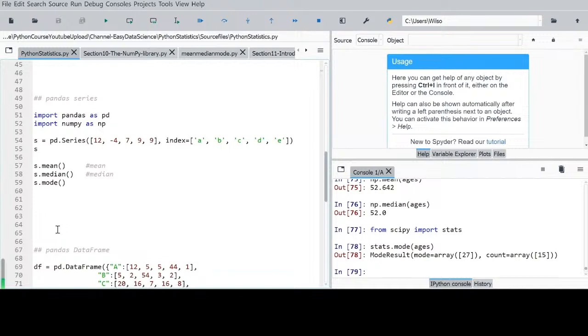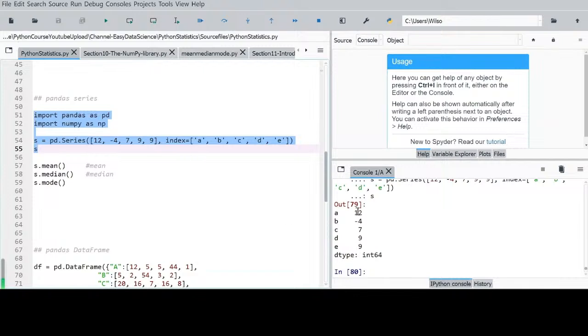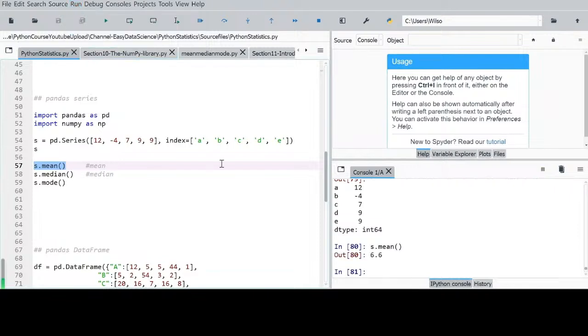And for pandas series, we first import pandas and create a series. So the series has 5 elements with the index A, B, C, D, E. Then we can just use the series mean function, so s.mean can get the mean value of 6.6 of this series.